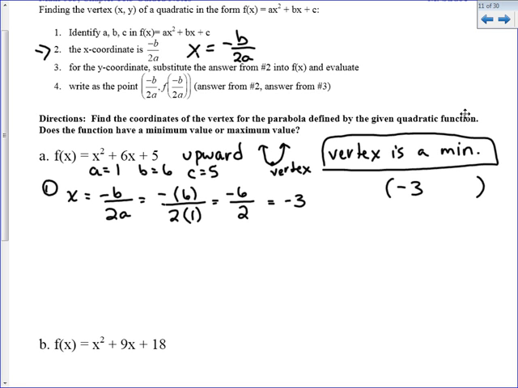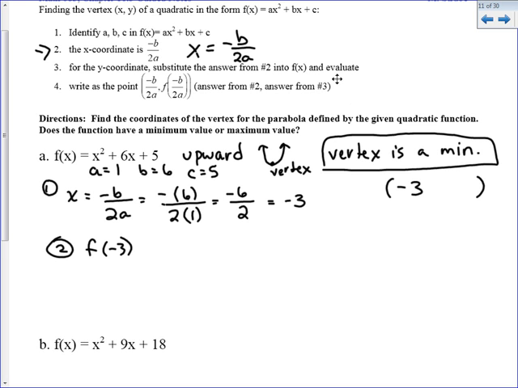But now I need to find the y value that goes with negative 3. And there's not a formula you have to memorize for the y value. To find the y value, all you do is take this answer from the first part, plug it back into your function. So use a little formula for x, and then for y, you just substitute the value of x back into your function.